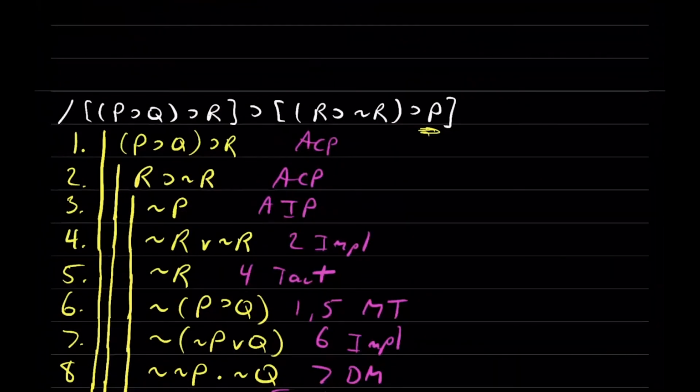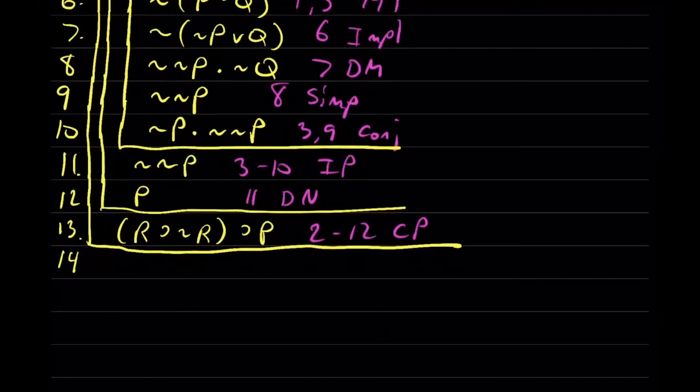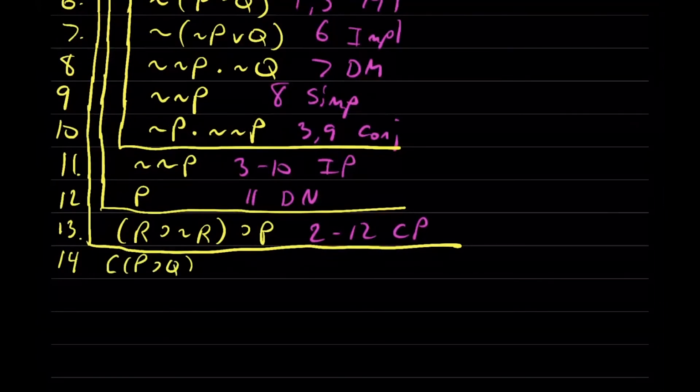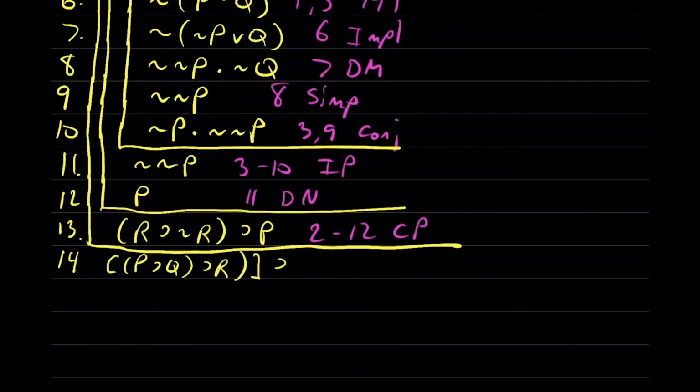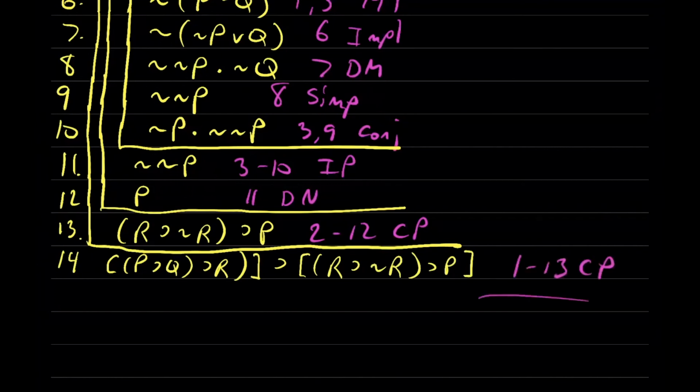P implies Q implies R. And all of that implies that if you have R implies not R, then you can get P. And that's going to follow from line 1 through 13 by conditional proof, and we're done.